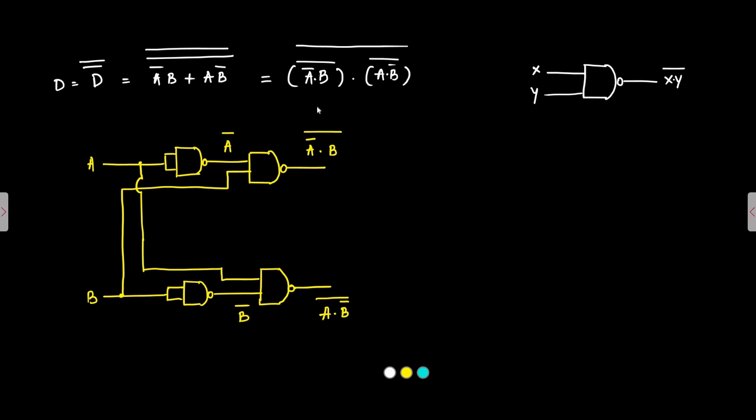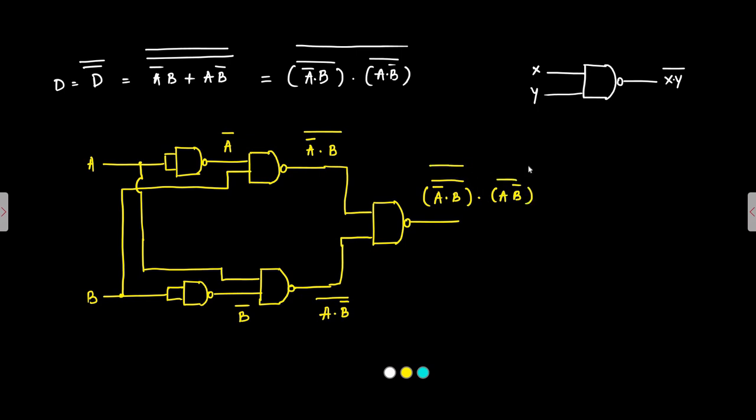Now we'll apply these two inputs to another NAND gate. So we'll have this resultant expression, the thing which we want, that is A bar B whole complement and A B bar whole complement, then again a complement above it.